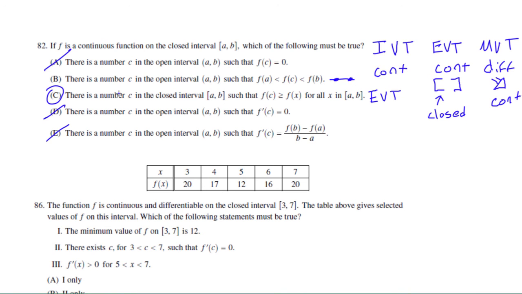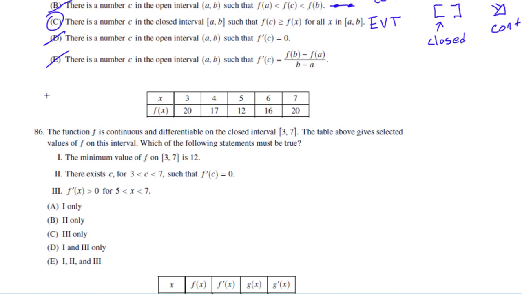It's very subtle. So what would the answer be if B had the equal signs? Then it would have been B and C. Also, if it's a decreasing function, f of a could be greater than f of b. That's another way to disprove it. You're right. It's basically the same thing.